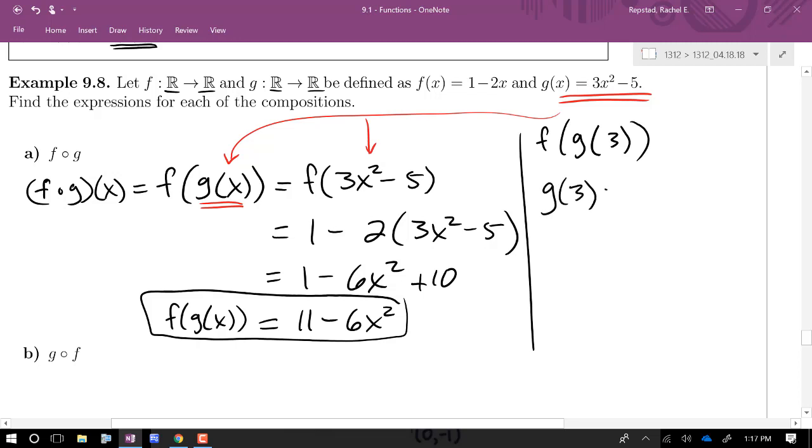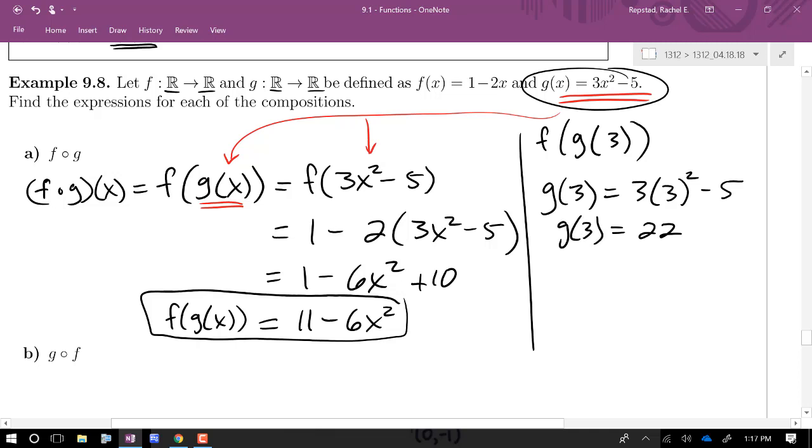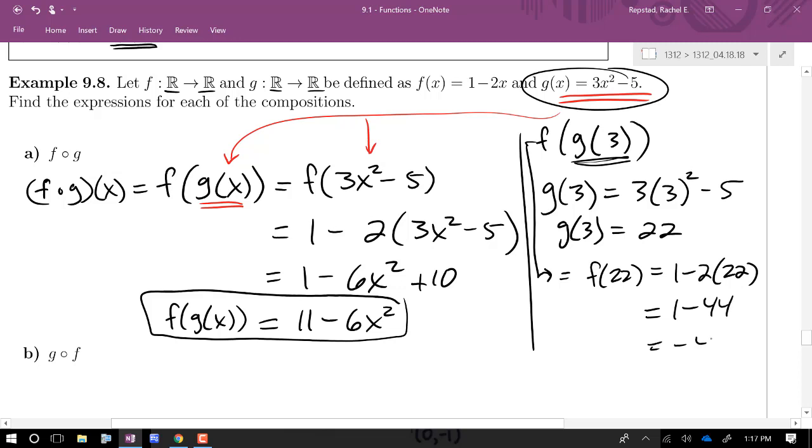So G of 3 is 3 times 3 squared minus 5. That is 9 times 3 is 27. 27 minus 5 is 22. So there's G of 3. And then plug this into the F function. So F of G of 3 is F of 22, which is 1 minus 2 times 22. And this is 1 minus 44, or negative 43.